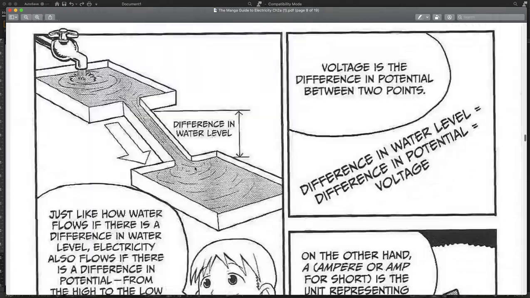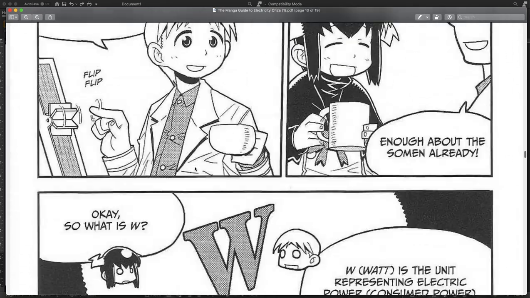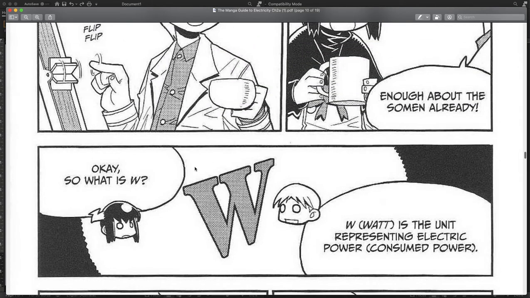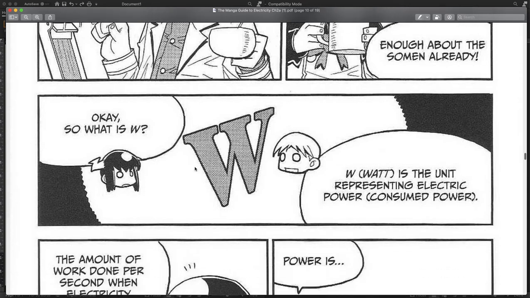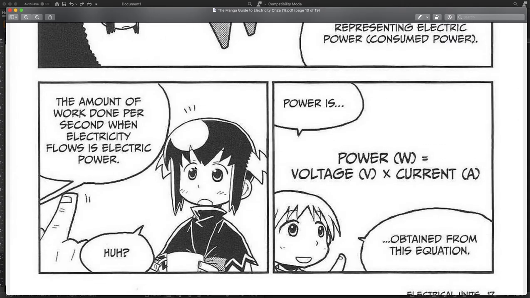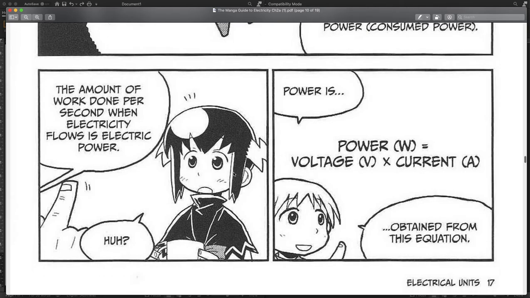So he explains what volts are, he explains what currents are, and then he says, well, what's W? Doesn't translate into Japanese. The work amount done per second is the flow of electric power. The amount of work done per second is how much electricity is flowing, and power equals voltage times current.